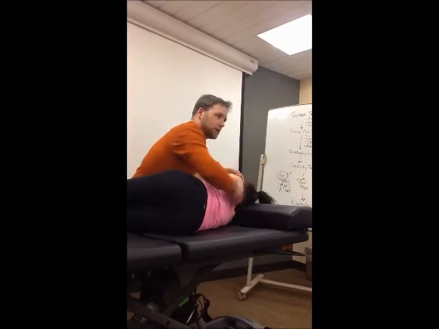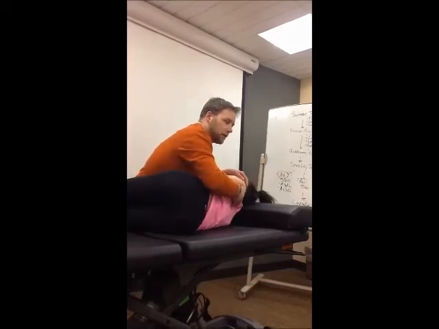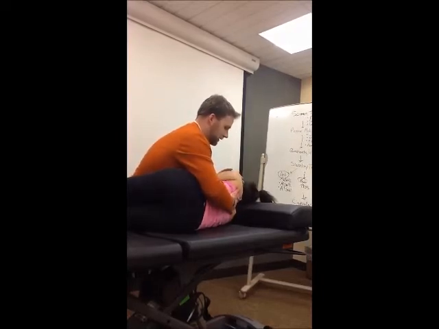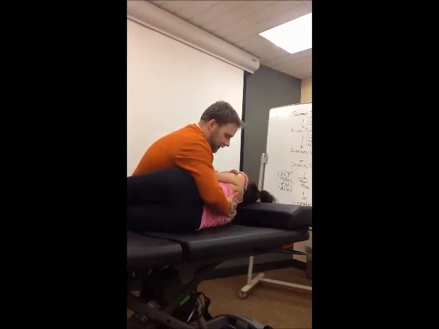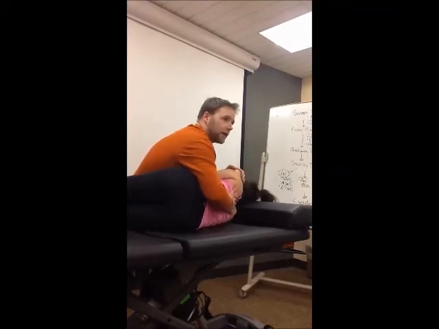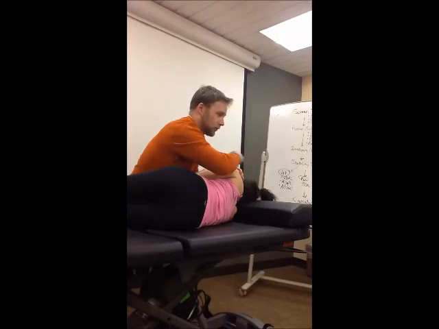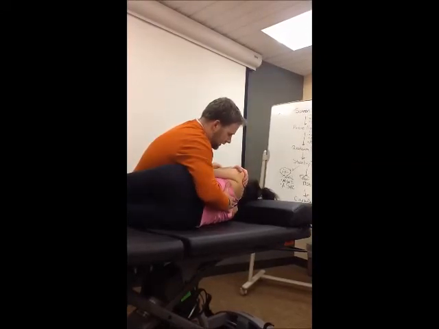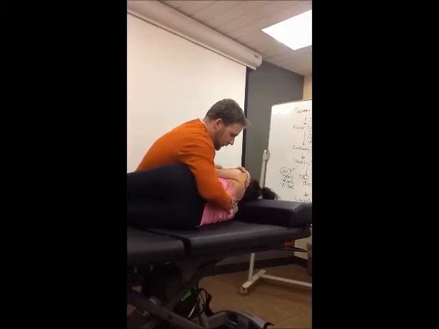Superior and posterior. Okay. Pec minor. I'm going to come across here and hold her here, but basically we need to come up and over like that. Okay, so if you want to think of it as that sort of motion. She's a little tight there too, but most people will be.